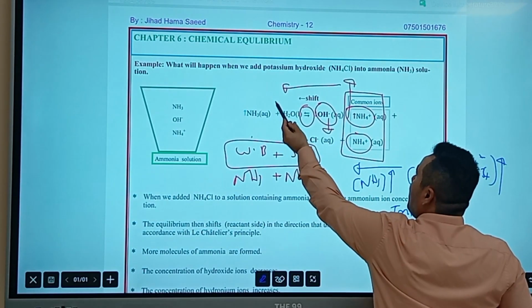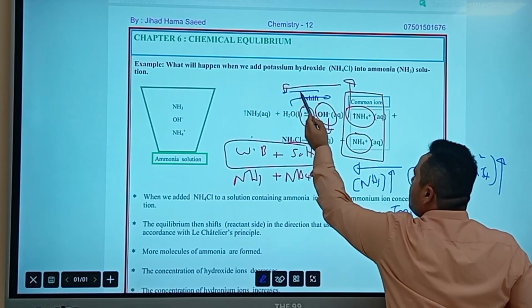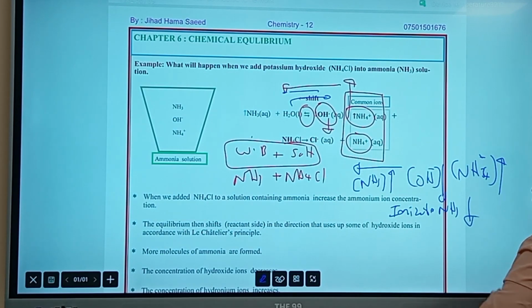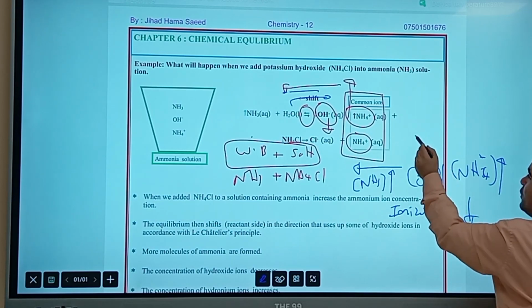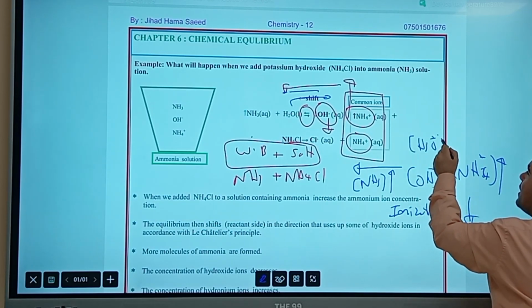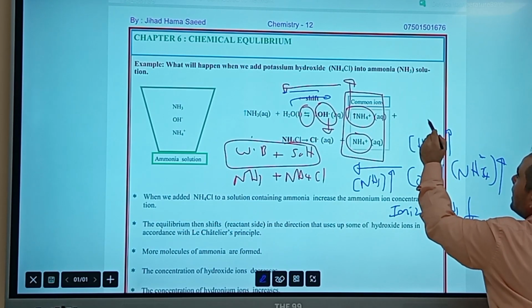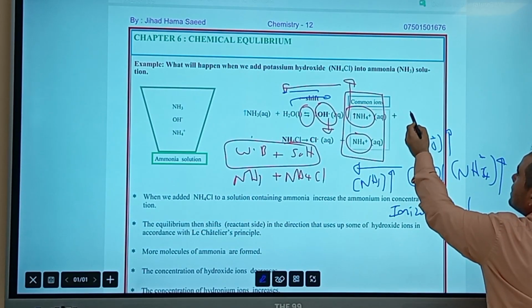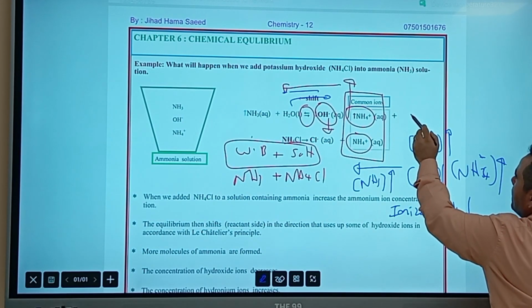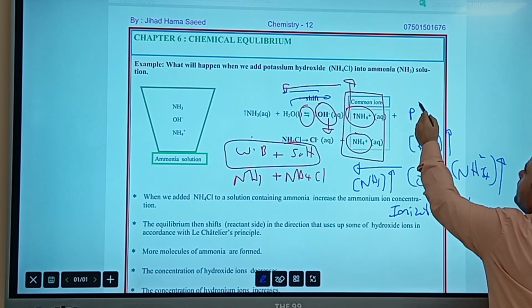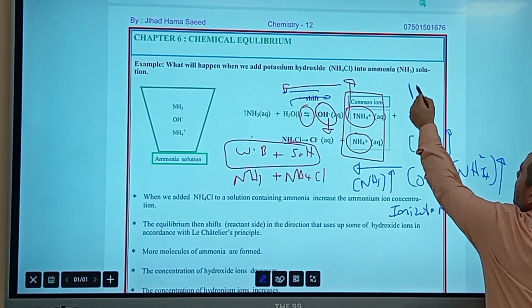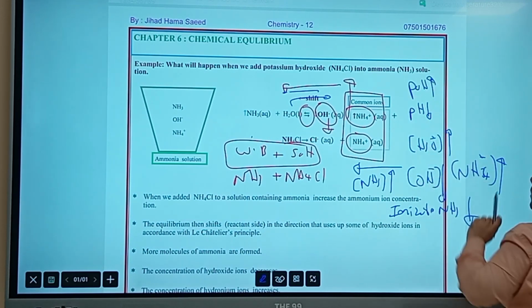Ammonia ionizes in the forward direction, but if the reverse is favored, the ionization of ammonia reduces. As the hydroxide reduces, the hydronium increases, so the pH reduces as well, and pOH increases.